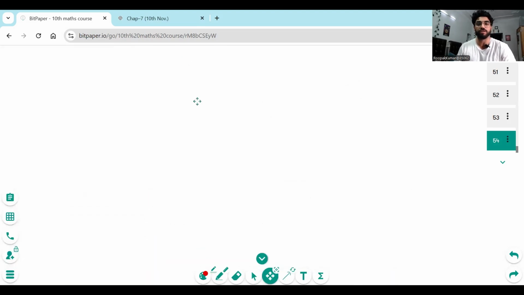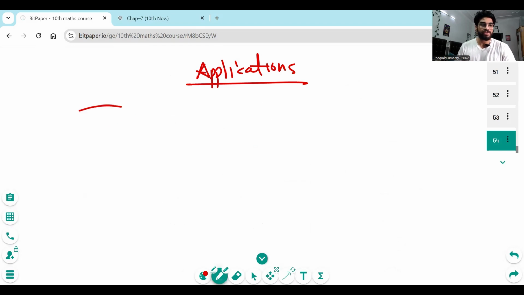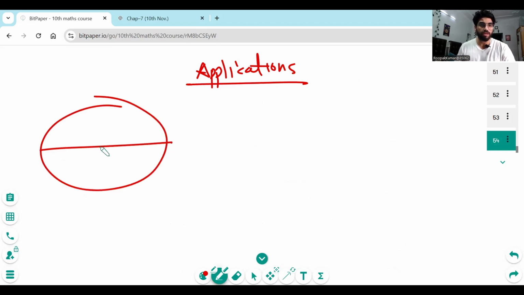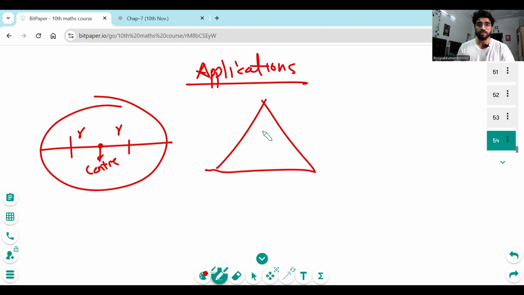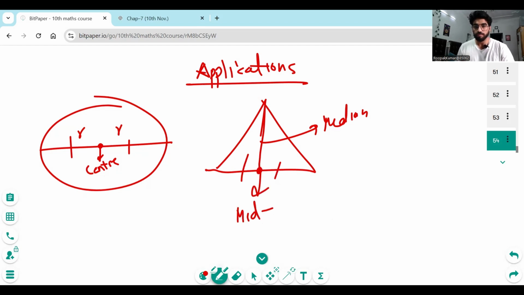Let me show you the application of the midpoint formula. First of all, it is used in a circle because the circle has its center as the midpoint. So this is the radius, and the center is called the midpoint. You can also use it in a triangle, the median, this median is bisecting the base. So here this point is called the midpoint.